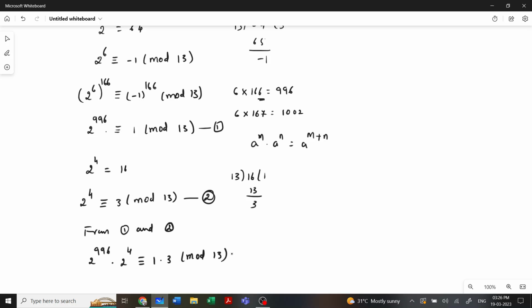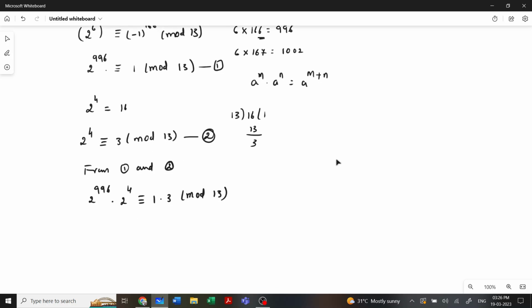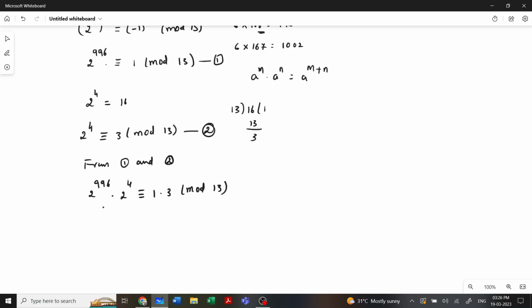So finally 2 to the power of 1000 is congruent to 3 in mod 13. That is the remainder. If you divide 2 to the power of 1000 by 13, we will get the remainder 3. In the next session, we will solve some more examples on this congruence modulo n.